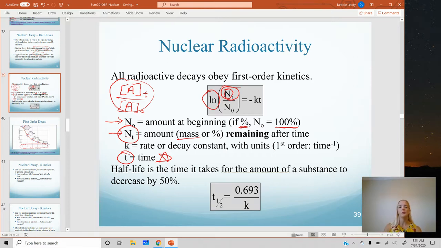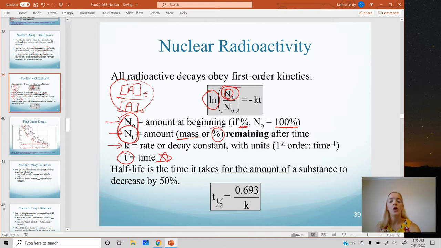When we're talking about nuclear substances, we often measure in small amounts. So any metric prefix with grams, or it could be percentages. The key thing is that these two, your initial and your final amounts, just have to be in the same unit. K, of course, is our rate constant, or in nuclear chemistry often called the decay constant.